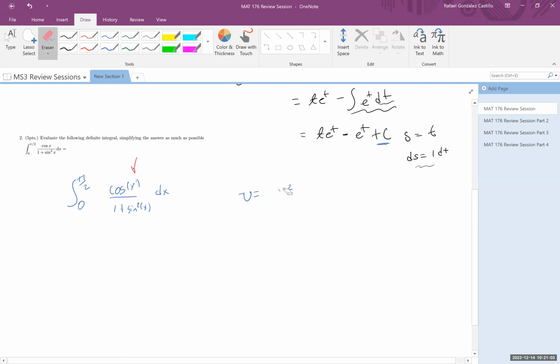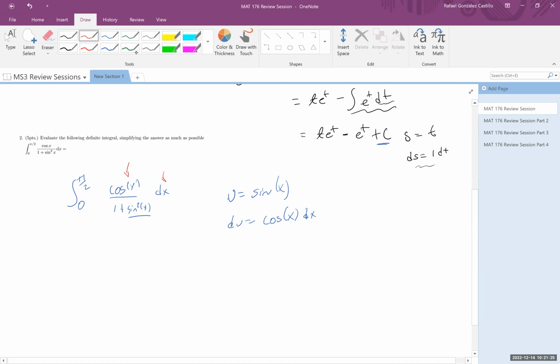So one thing that you could do is allow u to be simply sine of x by itself. If you allow u to be sine of x, then the derivative of u is going to be cosine of x dx. And notice that we do have here a cosine of x dx.